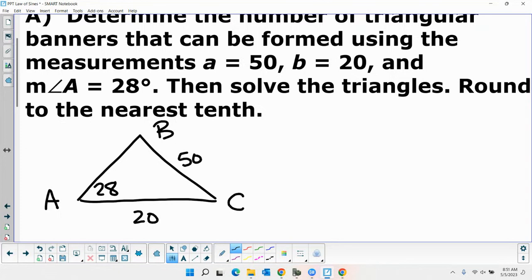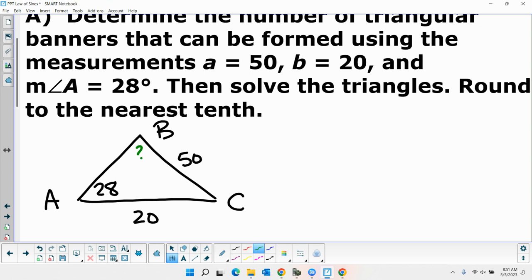So we have two sides and an angle that's not included. All right, the included angle would have been angle C. If we get that situation, we're going to use the law of cosines, which I'll show you how to do on Monday. All right, so the only thing I can find from this information is this angle B right here.